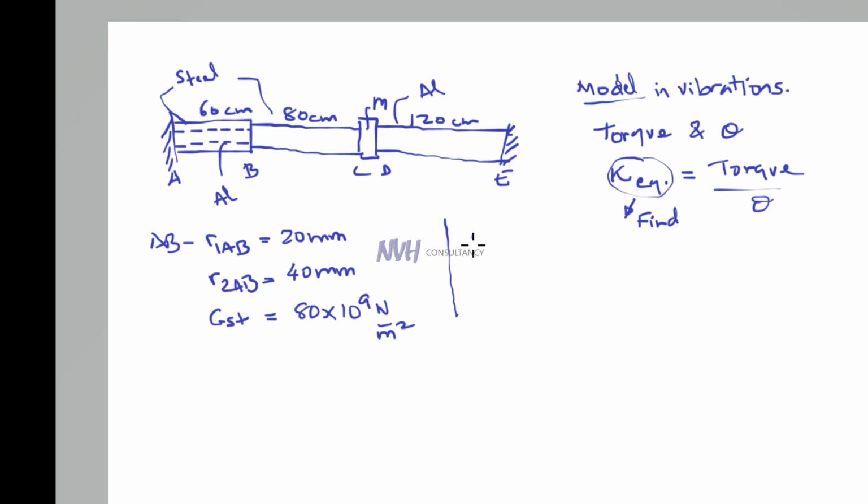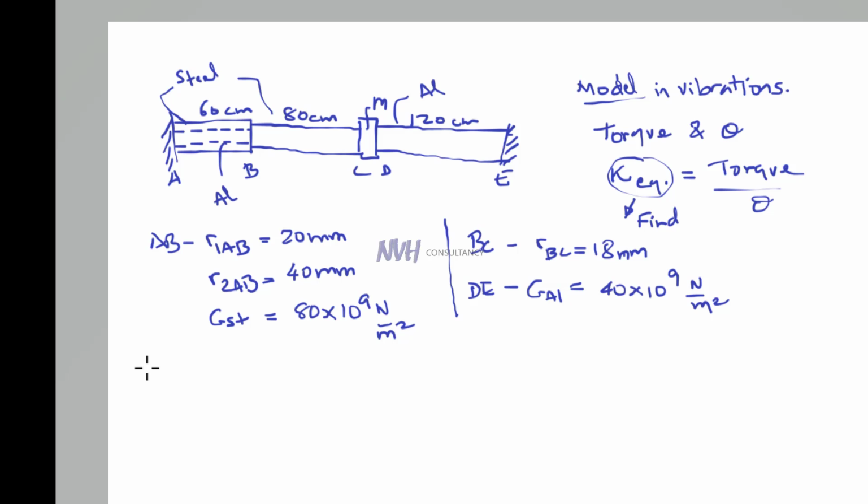Similarly for BC, it's a solid steel shaft. The radius RBC is given as about 18 millimeters. For the section DE, which is aluminium, G is given as 40 gigapascal, so 40 times 10 to the power 9 Newton per meter square.